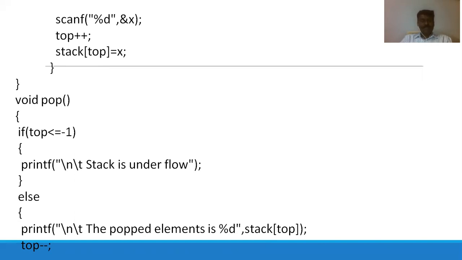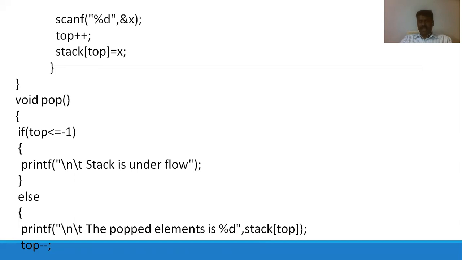The next operation is the void pop operation. Pop operation is nothing but deleting the element from the stack. Using the first condition, top less than 0 means the stack is underflow. Stack underflow means it's not possible to delete any element from the stack. So first you check whether the stack is underflow, otherwise you have some element in the stack.